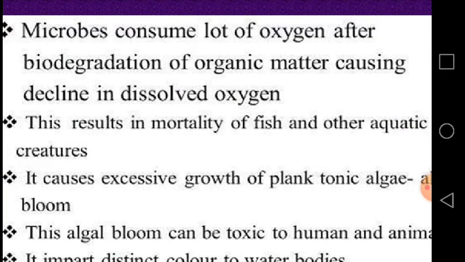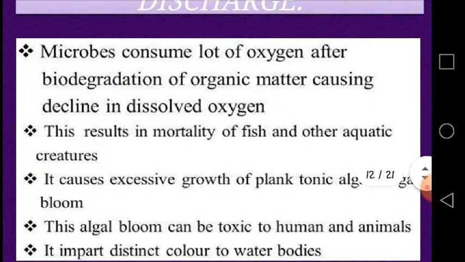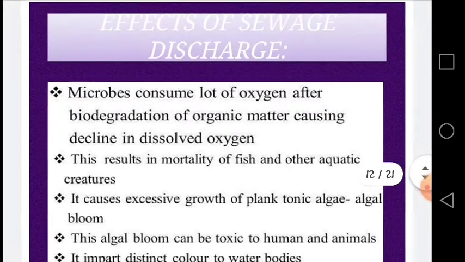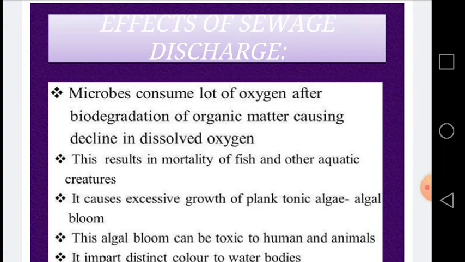It causes excessive growth of planktonic algae and algal bloom, and this algal bloom can be toxic to humans and animals, and it imparts a distinct color to water bodies. These are the effects related to sewage.